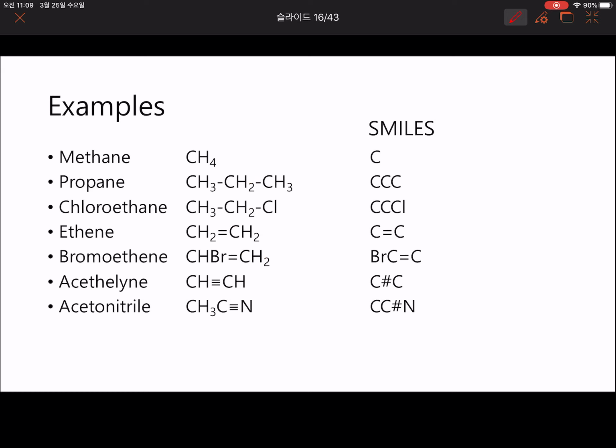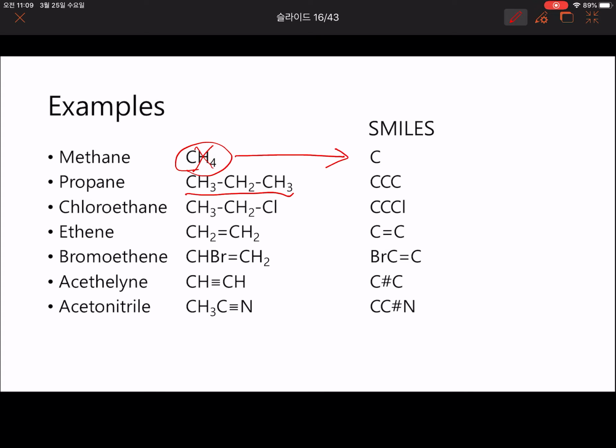Then let's look at some examples. If we write down methane, methane is written as CH4, right? In SMILES, as I said, we don't write hydrogens explicitly, so it is just written as C. And if we look at propane, propane is a chain molecule. If you write it down on paper, it would look like that.